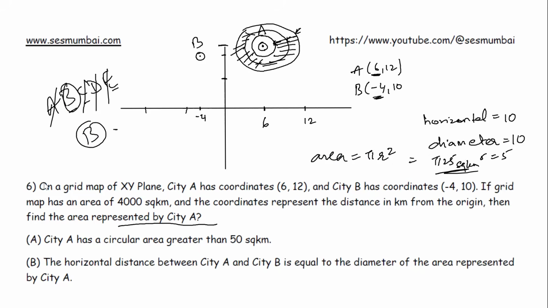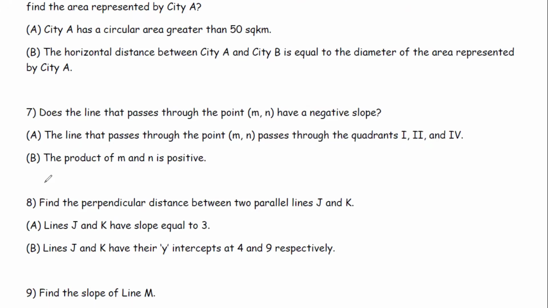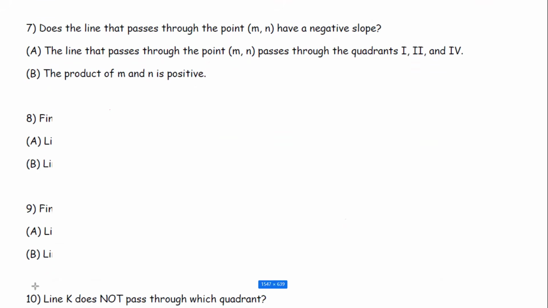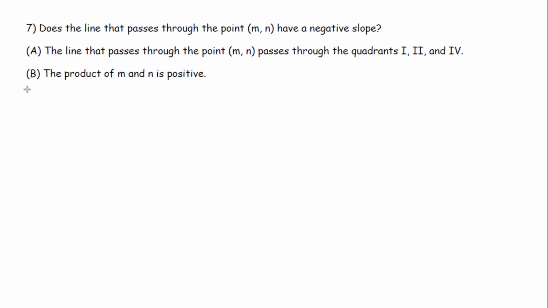Seven. Does the line that passes through the points M and N have a negative slope? We'll draw the grid first, the XY plane.